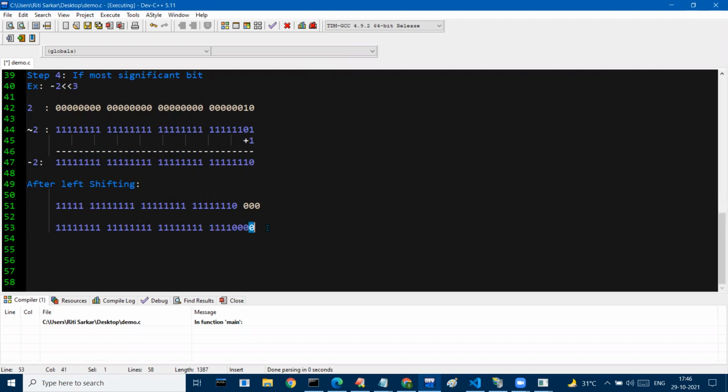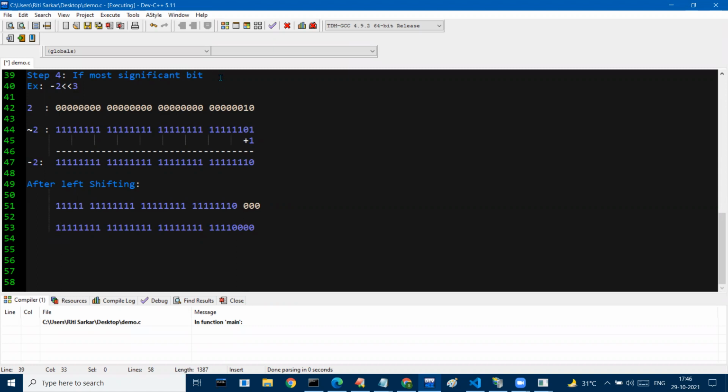This is called the least significant bit. The most significant bit is called the signed digit, or signed bit. It decides the sign of the number.